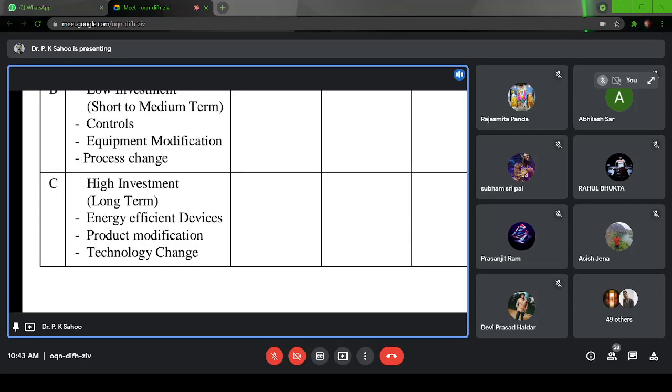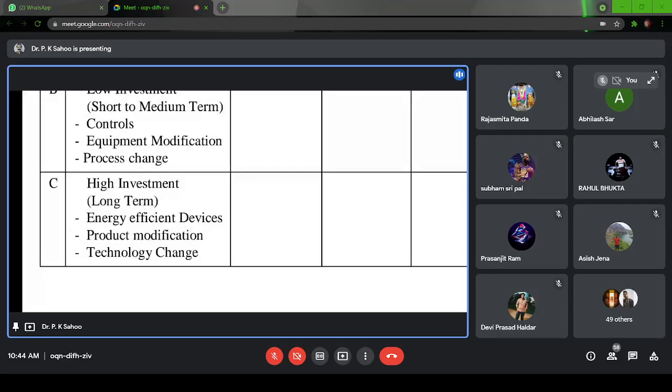In equipment modification, what is the modification? Any alteration, improvement, correction by revision, or new version, or any change to the equipment. Equipment modification means if any modification is needed on the equipment you have already installed everywhere in the industry.